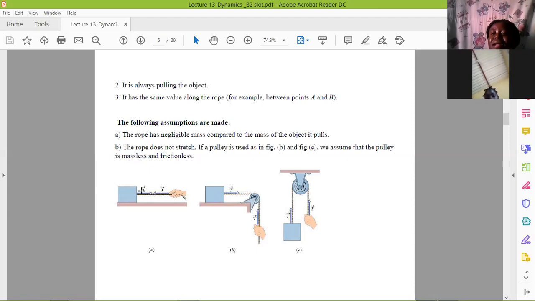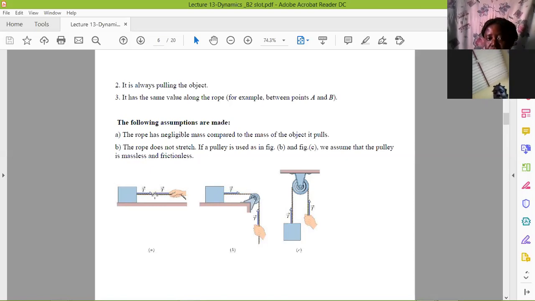It's always directed towards your rope, and it's always pulling the object. If you change the rope to come on this side, then you have a tension there, because this is always a pulling force. It either pulls it up or pulls it down. It will never be a pushing force. You cannot push with a rope.